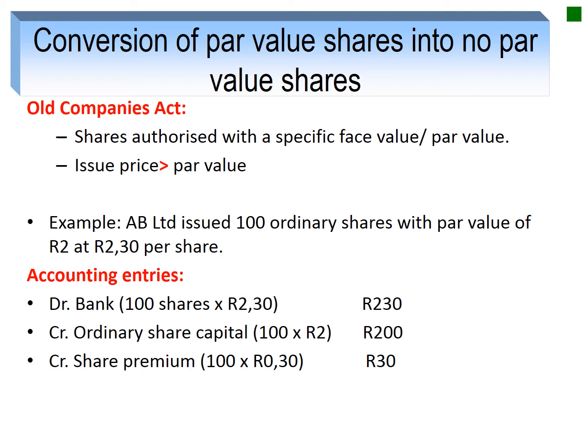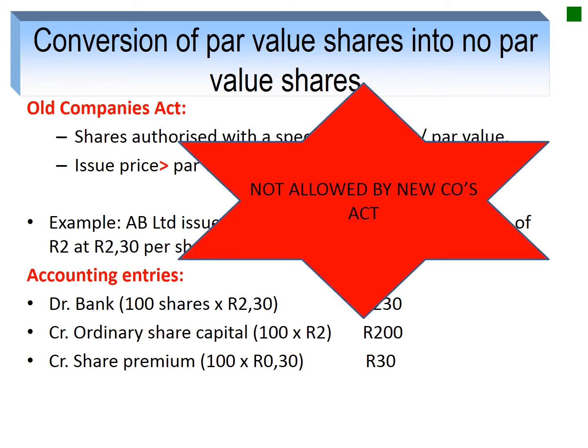But in the old Companies Act, where you authorize shares with a specific face value, you had to have two different accounts because your ordinary share capital account had to show the shares that had been issued at par value, and the share premium account then showed the additional amount that you issued shares for over and above par value. This is no longer what we do in the new Companies Act.